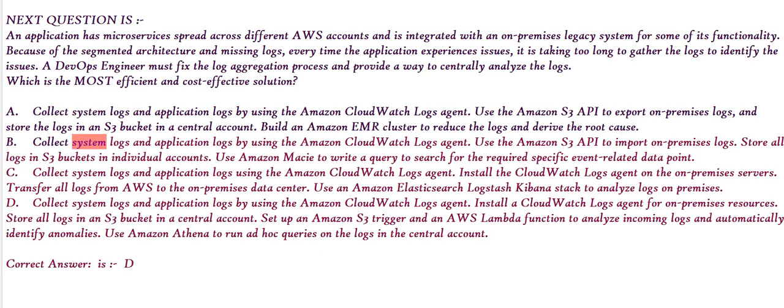B. Collect system logs and application logs by using the Amazon CloudWatch Logs agent. Use the Amazon S3 API to import on-premises logs. Store all logs in S3 buckets in individual accounts. Use Amazon Macie to write a query to search for the required specific event-related data point.